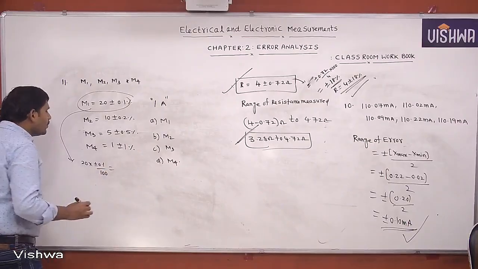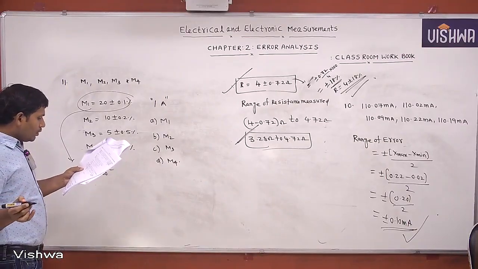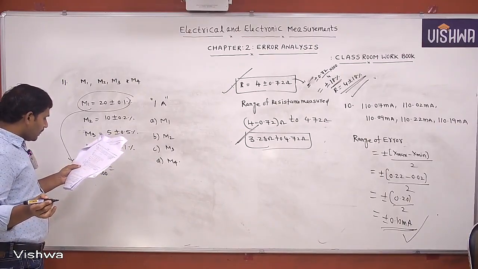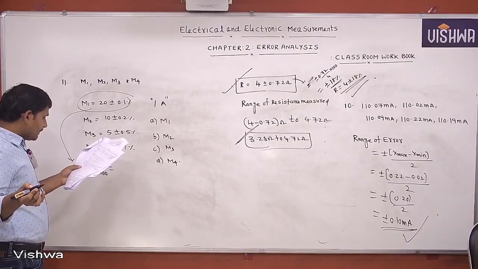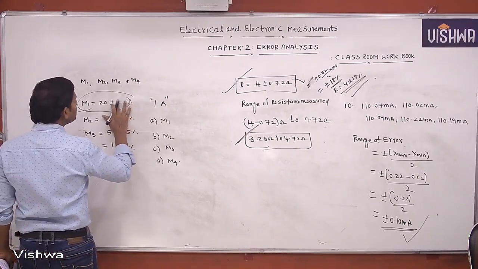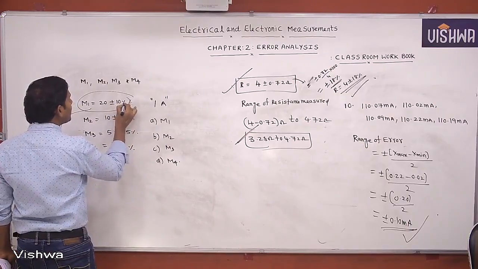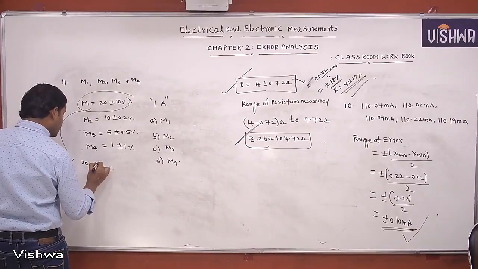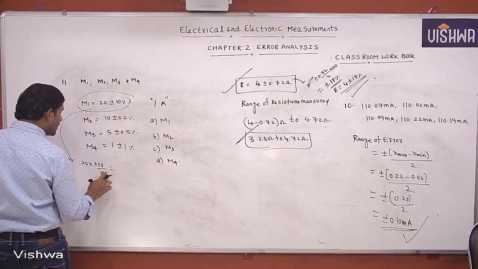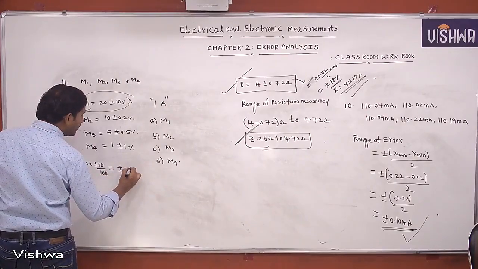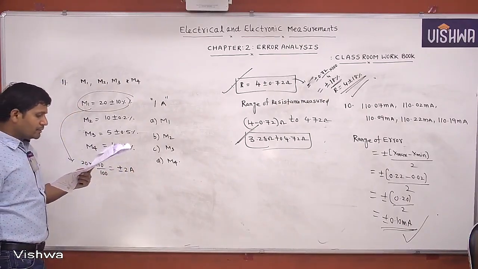Sorry, this is not 0.1%, this is plus or minus 10%. So 20 into plus or minus 10 by 100. How much do you get? Plus or minus 2 amperes. The error is plus or minus 2 amperes.